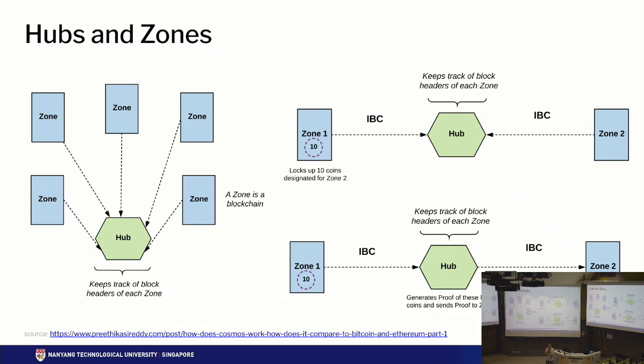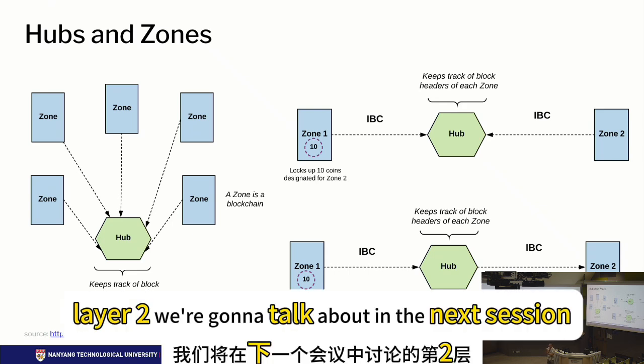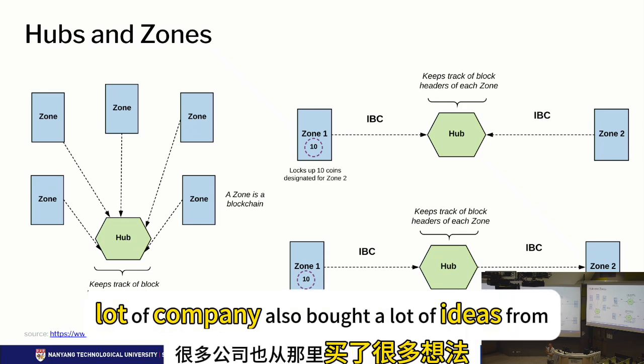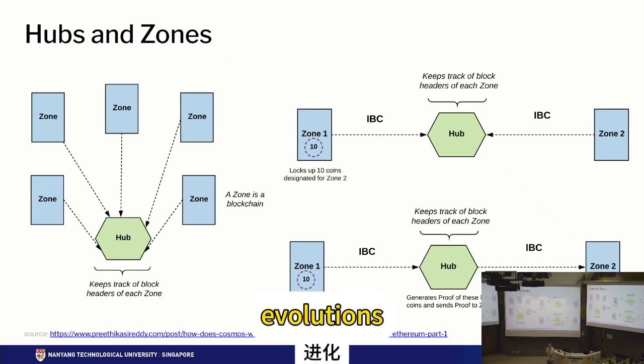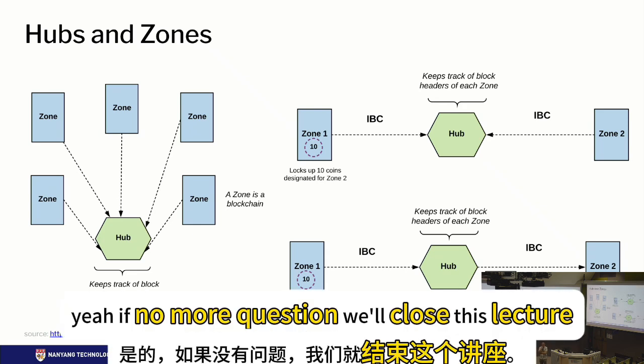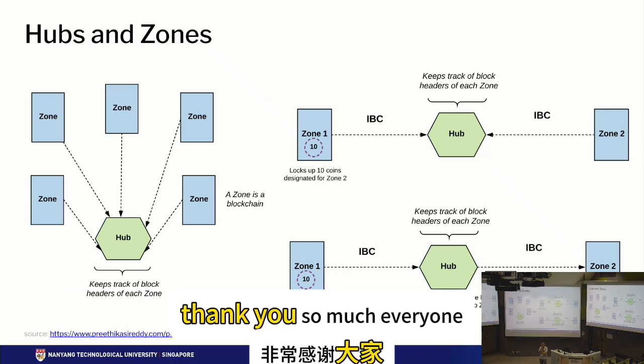And also for layer 2, which we're going to talk about in the next session and the one after, a lot of companies also borrowed a lot of ideas from the layer 1 evolutions. No questions? If no more questions, we'll close this lecture. Thank you so much, everyone.